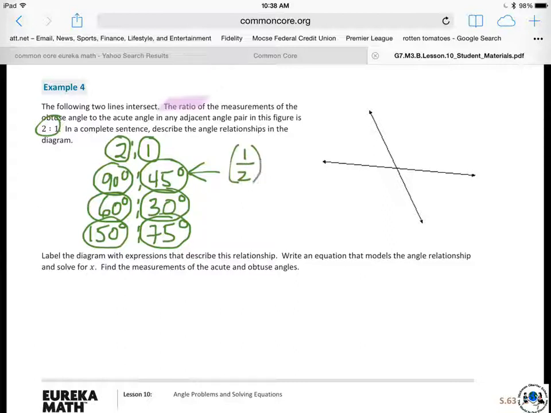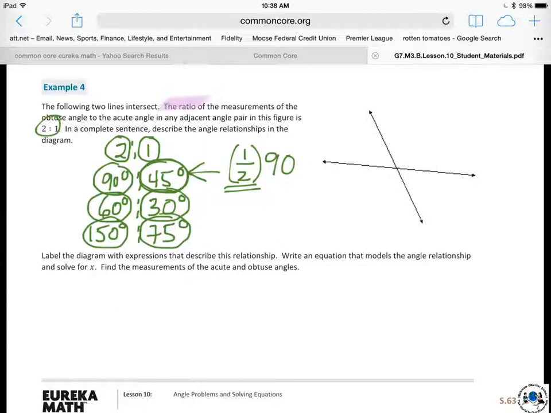So if we were solving for 90, for example, solving for x, and we first had the smaller angle size, then we would apply this as being half of the unknown. Again, we'll get to these. We'll be using these right now as we start this problem.